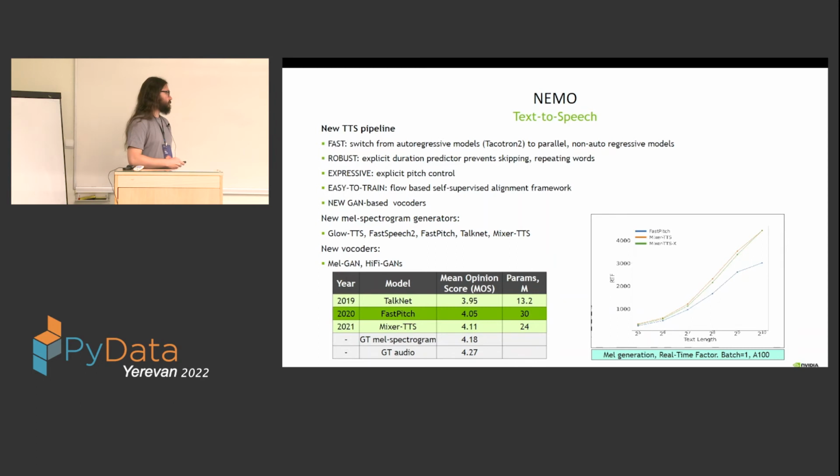So our, for example, FastPitch models and Mixer-TTS are quite close to the ground truth in expressiveness and naturalness. And it was quite a few parameters.